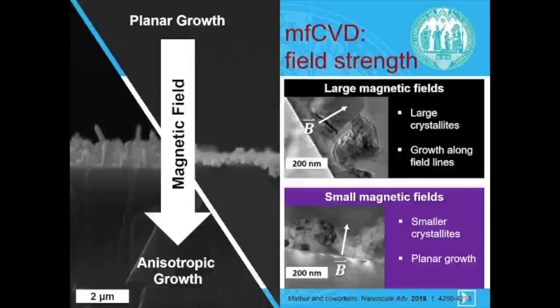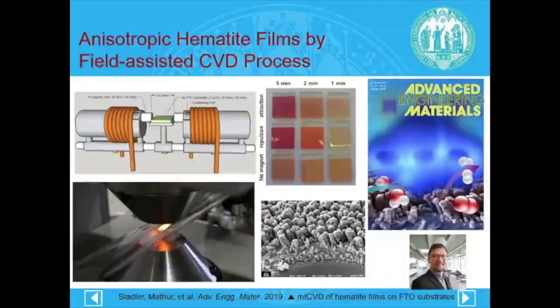By applying magnetic field of different strength, we can tune this. In the cross-sectional image, you see that these grains are elongated. This anisotropy is leading to a high conductivity.